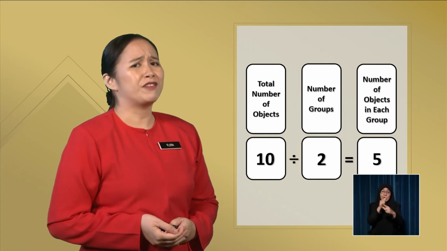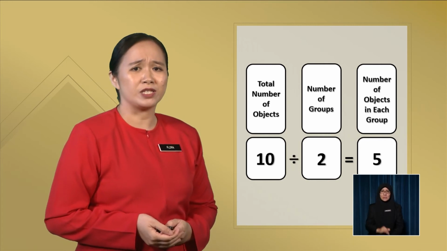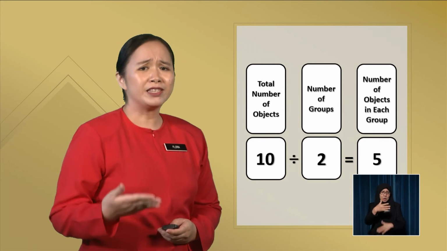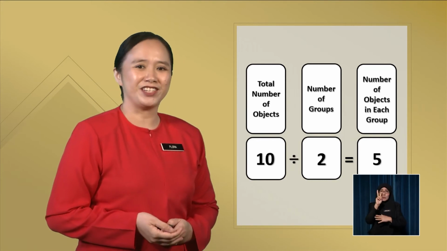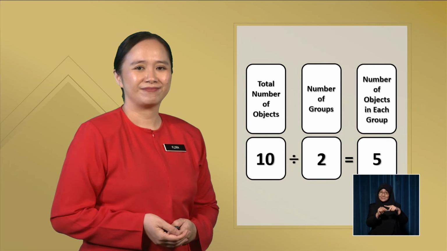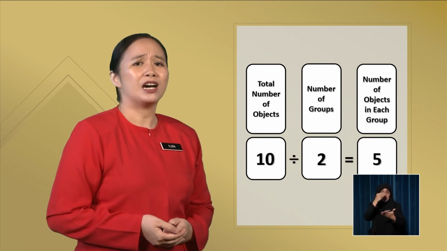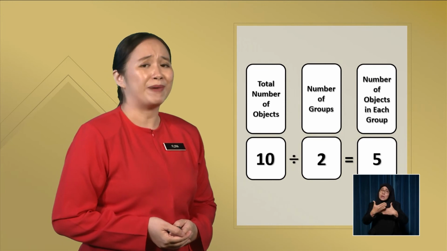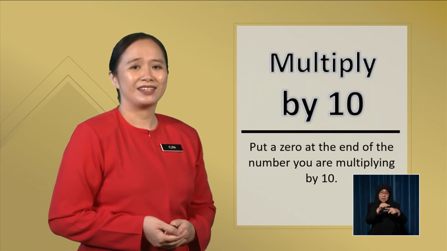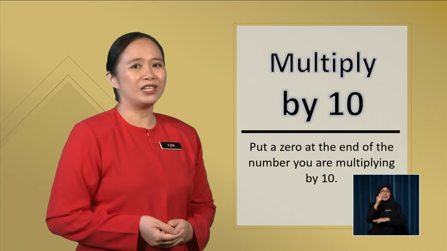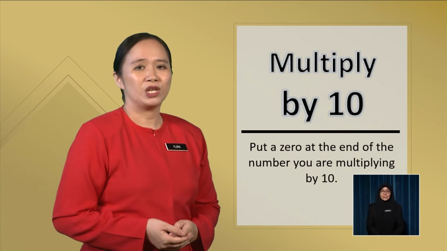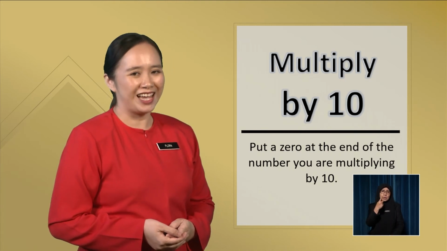I'm sure you have understood the basic concept of both multiplication and division. Let's learn a simple trick about multiplying by 10. This trick only works for whole numbers, which we are learning right now.